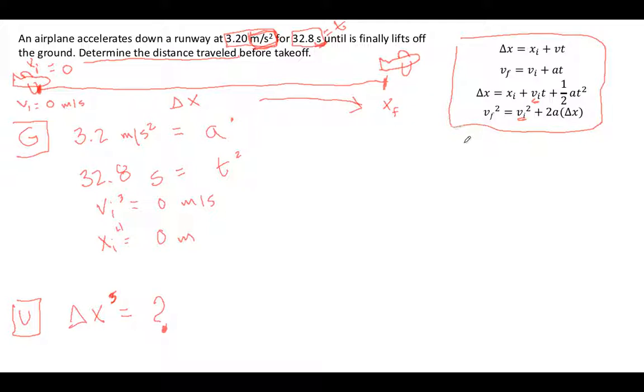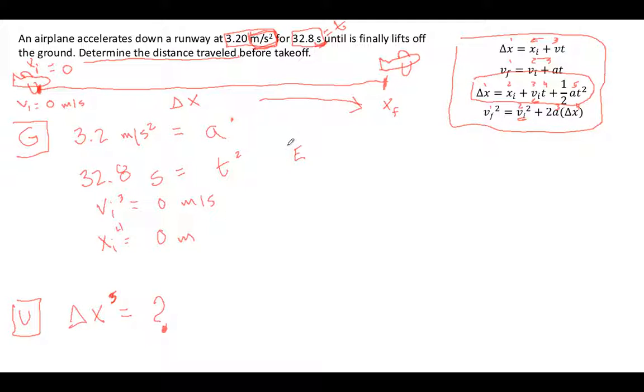Okay, so we got 5 variables. This equation has 1, 2, 3, 1, 2, 3, 4, 5. So this t is in there twice. 1, 2, 3, 4. So this one has 5. So let's use that one.